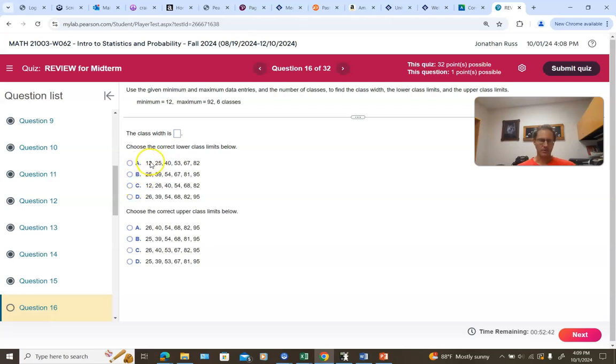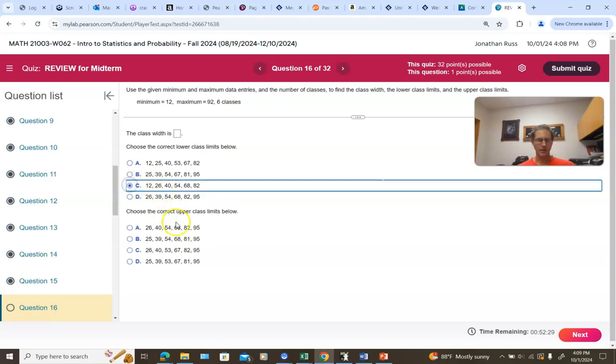The widths are 14, so I would just start adding 14. Well, it can't be this one. It's got to be this next one, because 12 plus 14 is 26, plus another 14 is 40, etc. And then as far as the upper class limits go, if 26 is the lower class limit of the second class, then the upper class limit of the first class is going to be 25.